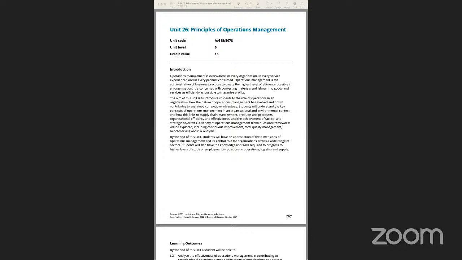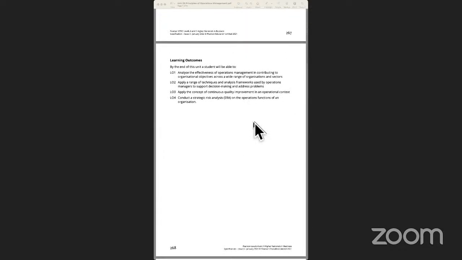So today we are looking at covering what is called learning outcome 4, and this learning outcome 4 is going to be focused on understanding how we conduct risk analysis. So risk analysis in terms of organizational risk analysis, and it could be at 3 different levels: tactical, operational, and strategic.